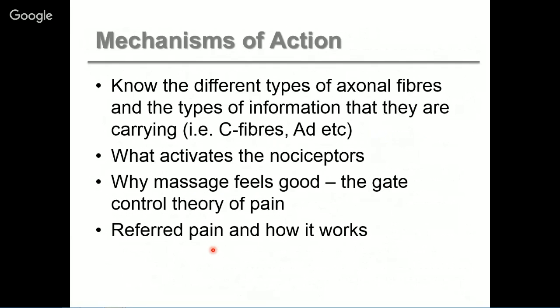Do you know how referred pain works? What system is it using? What do wide dynamic range neurons have to do with this? If what I just told you about the gate control theory, about referred pain, and about wide dynamic range neurons doesn't make any sense to you, then you should go back and review the last few slides from last Tuesday's lecture.